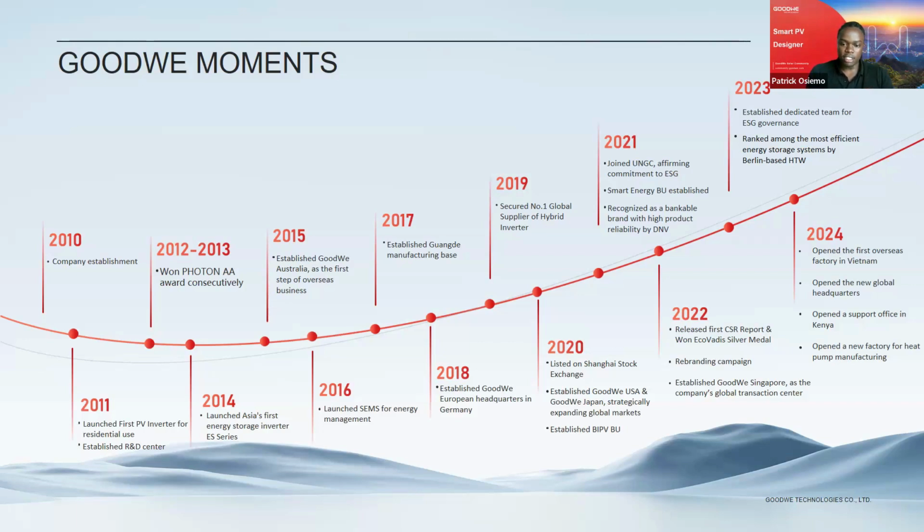After that, this is what actually established our foothold, and we got listed on the Shanghai Stock Exchange. So GoodWe is financially stable. And with that stability, we launched other subsidiaries like BAPV, Building Integrated Panel Manufacturing Industries.